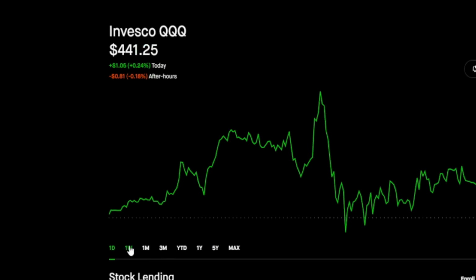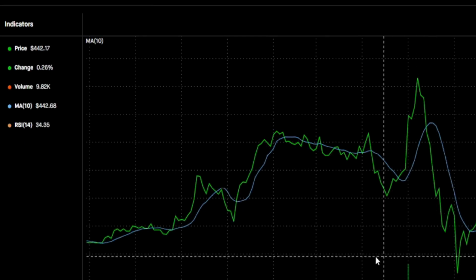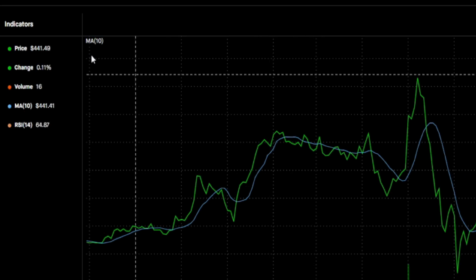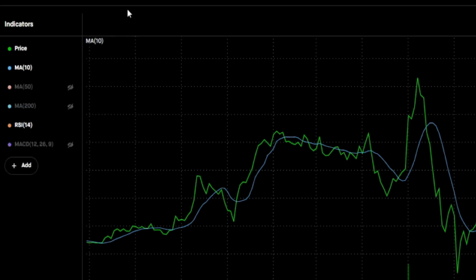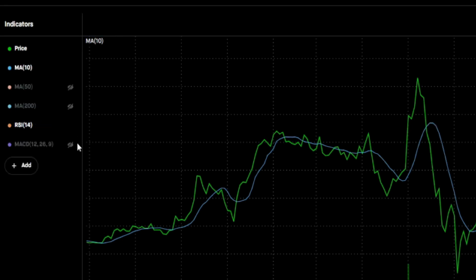So we want to view QQQ and make sure that if I want to trade right now, is it gonna be the right time to enter into the market or not? You can select that and it will give you an advanced version of the graph. Now this graph tells you the price per share, and as of now the price per share is 441.25, and it gives you some other details like the volume on that particular share and all that.